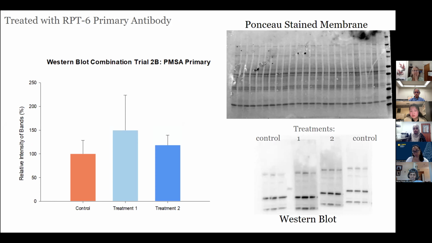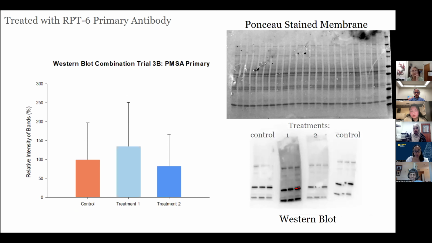Treatment 2 here also performed better than the control, so that's more similar to the first trial. And then in my last trial, treatment 1 again performed better, and treatment 2 performed worse than the control. And this is just the trend. This data was also not statistically significant.